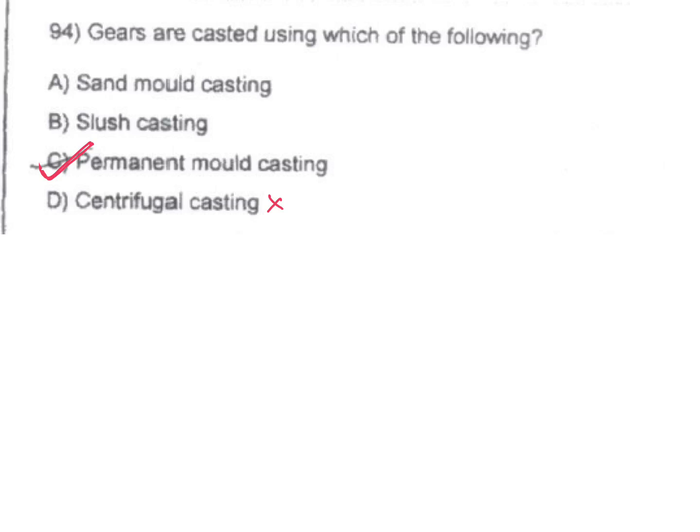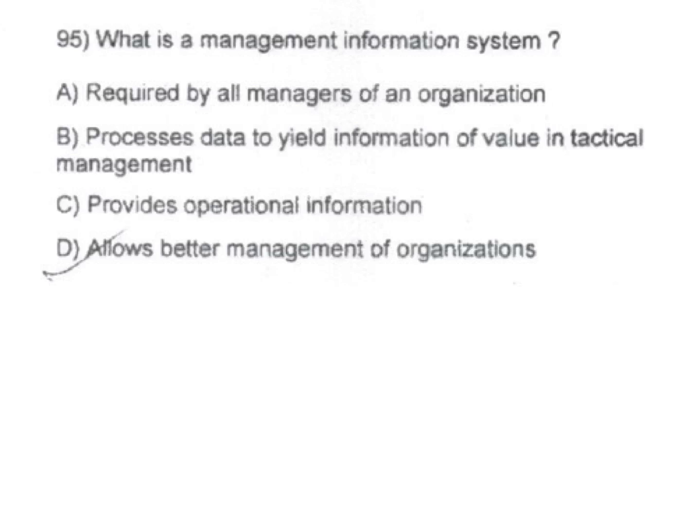What is a management information system? MIS. Required by all managers of organization. Process data to yield information value in tactical management. For tactical management also we are using. Provides operational information. Operational information also MIS useful.